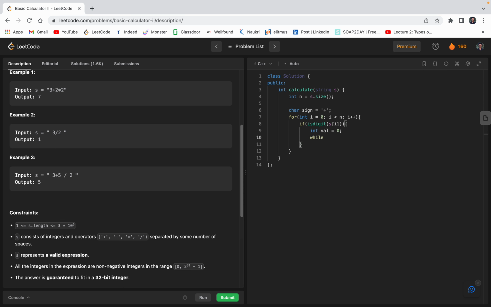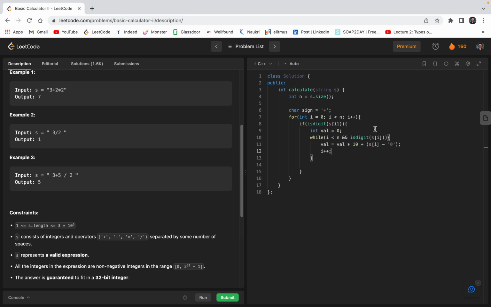I hope you know these small things. So val is equal to val into 10 plus s of i minus 0, and i plus plus. Now you can see that I am moving i plus plus.